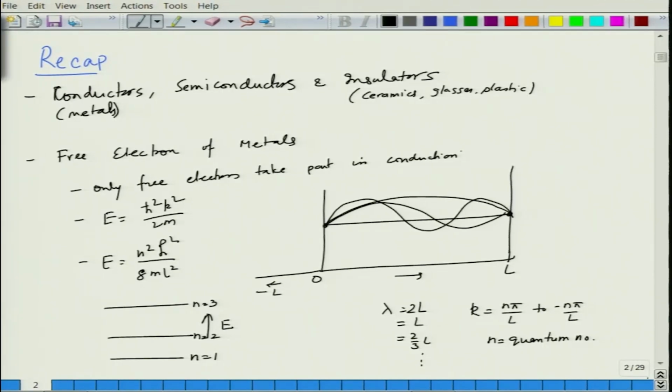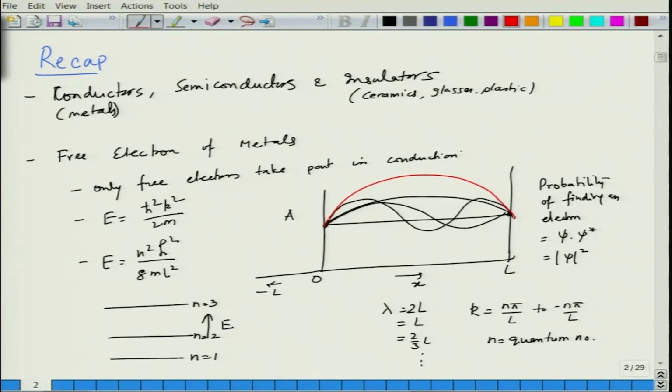Now, basically what we are saying is that this is the amplitude and this is x. Now, the probability of finding the electron is equal to psi star psi, or you can say psi square. So this is the amplitude for, let us say, the first state, and when you square it, this will be the relation.